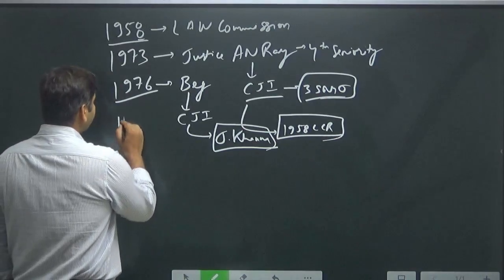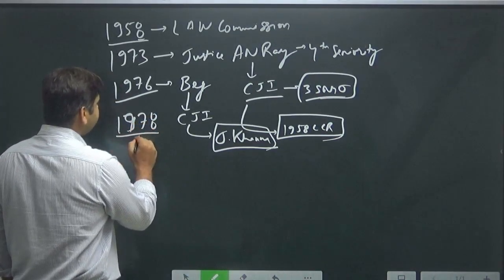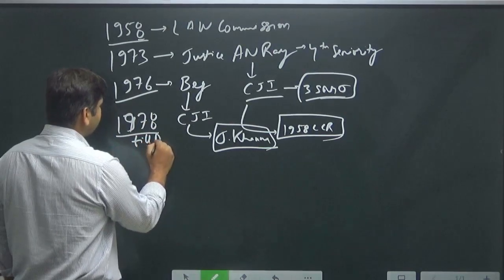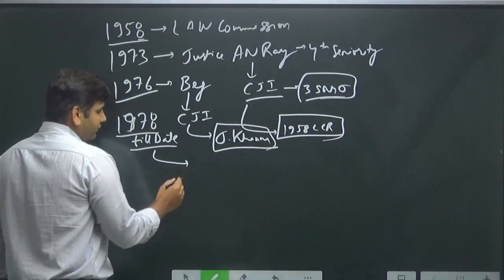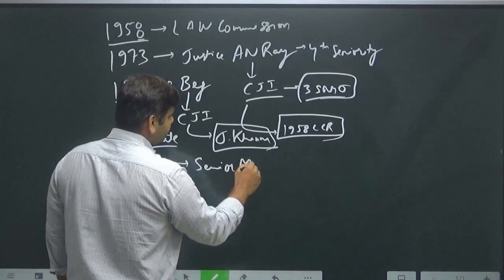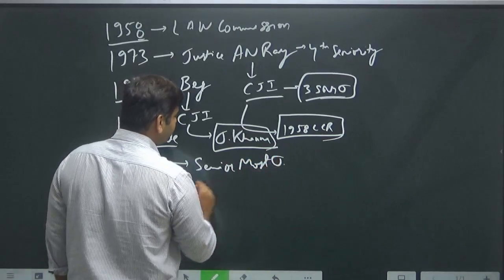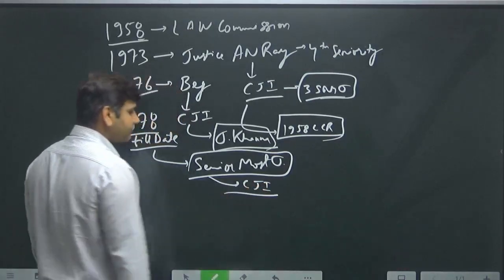But from 1978 till date, this tradition where the senior most judge of the Supreme Court is appointed as the Chief Justice of India is continuing.